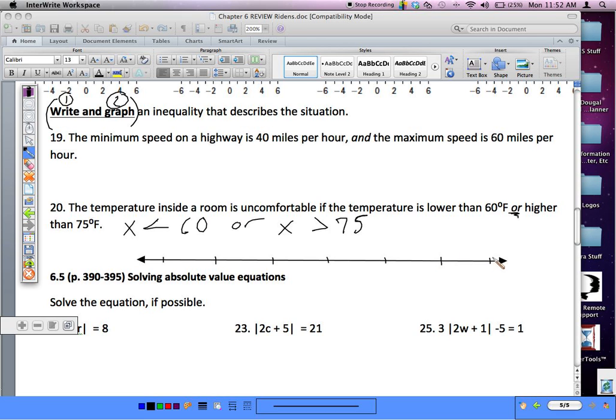What do you guys think is a good number to count by here? 5s. 5s sure sounds like a good idea. So let's go below 60. We'd probably go 50, 55, 60, 65, 70, 75, 80, and that's as good as it gets.